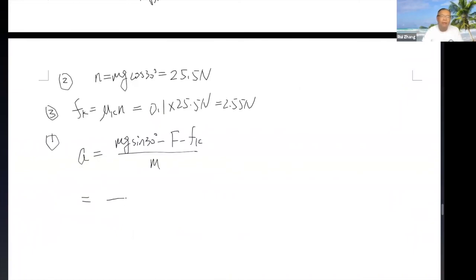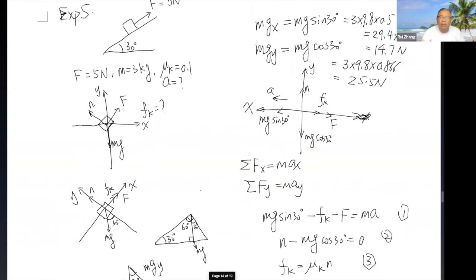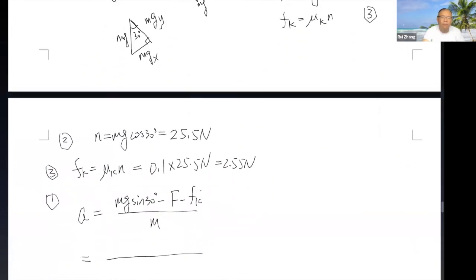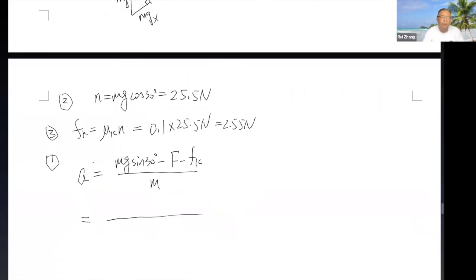So we have a bunch of these. mg sine 30, as we calculated, is 14.7. And then we have, sorry, F is 5 Newton, and Fk is 2.55 Newton, divided by 3 kilogram.